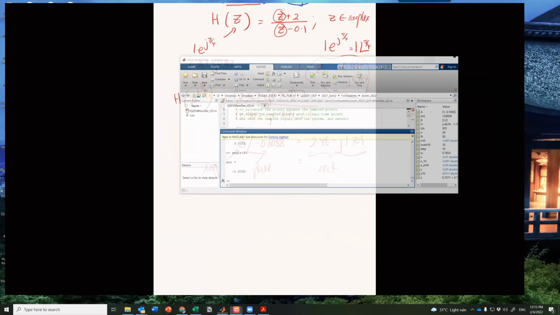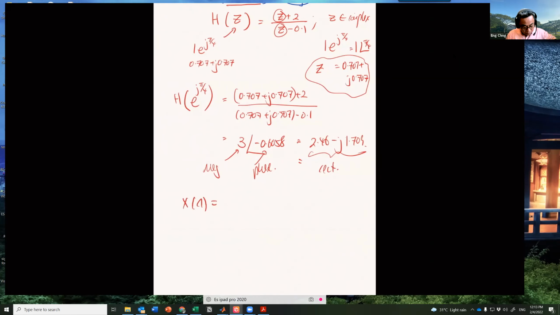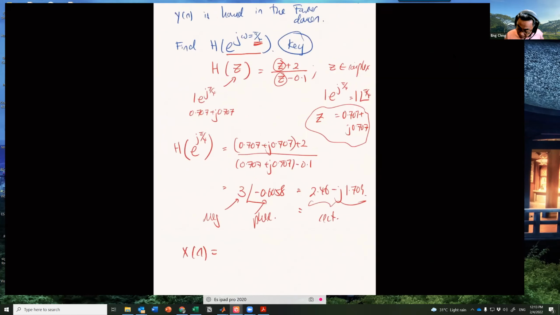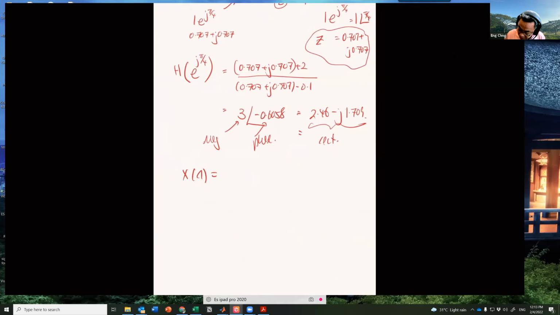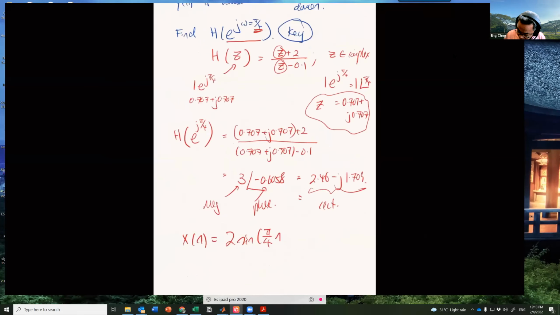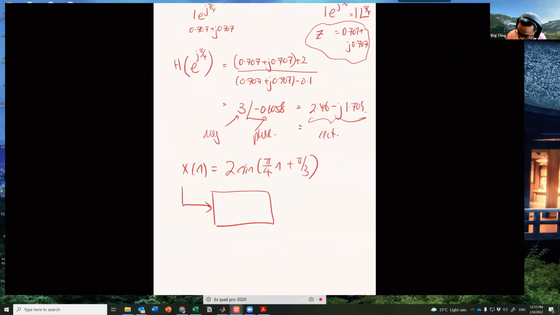Remember, what's my x of n? What did I get upstairs? 2 sine of pi over 4 n, plus pi over 3. Now, when I pump it through my system, here's the trick, guys.